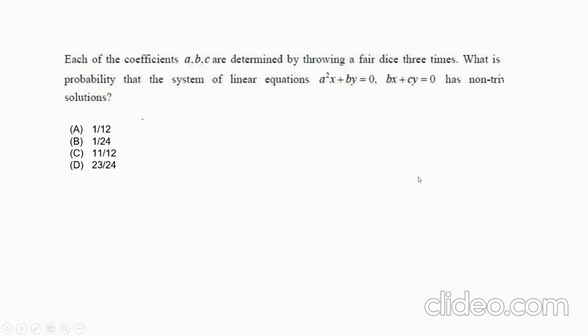So the next question we have is that each of the coefficients A, B, C is determined by throwing a fair dice three times.